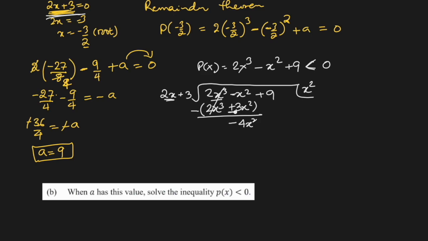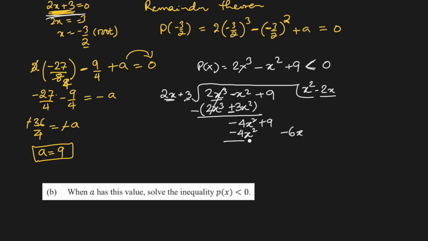This positive becomes negative, and plus 9. Now we need 2x to become minus 4x squared, so we'll have to multiply by minus 2x, and 3 multiplied with minus 2x gives us minus 6x.